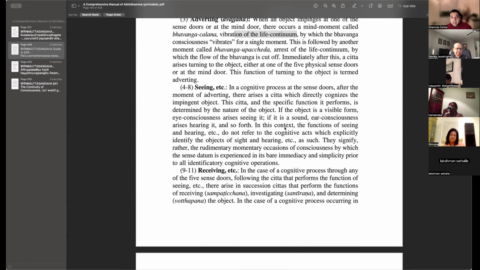In this context, the functions of seeing and hearing, etc., do not refer to the cognitive acts which implicitly identify the object of sight and hearing. Rather, they signify the rudimentary momentary occasions of consciousness by which the sense datum is experienced in its bare immediacy and simplicity, prior to all identificatory cognitive operations.